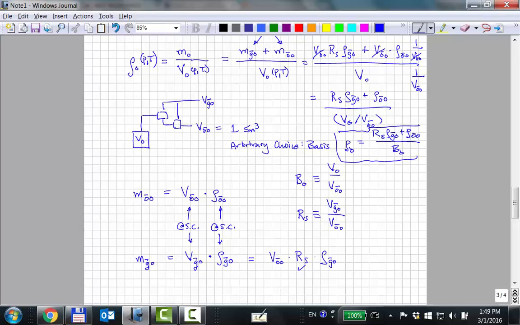And that's the equation for oil density in terms of RS and BO.